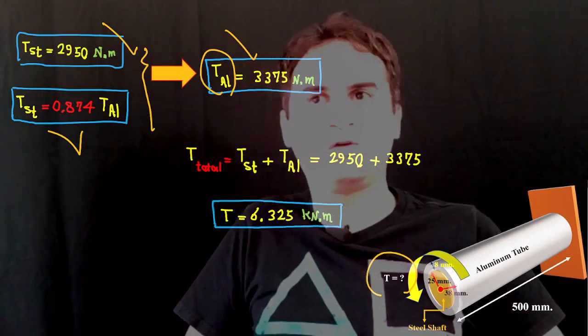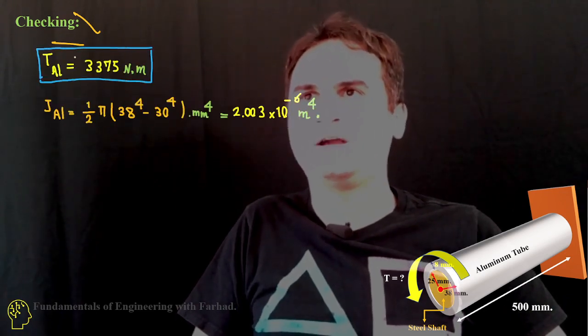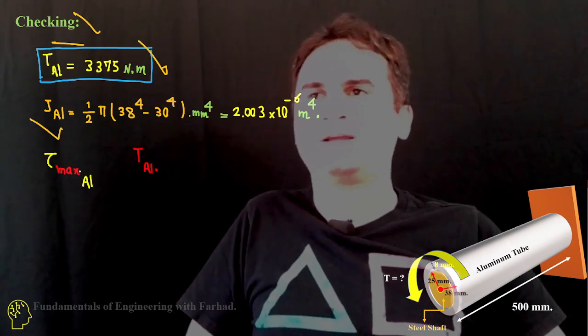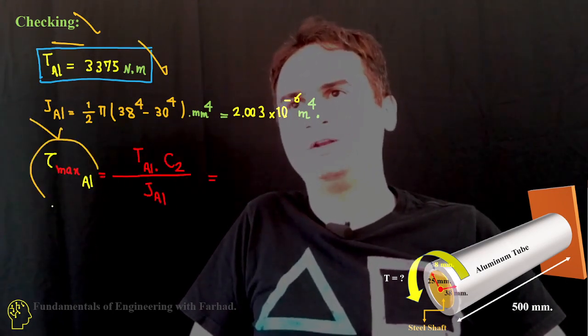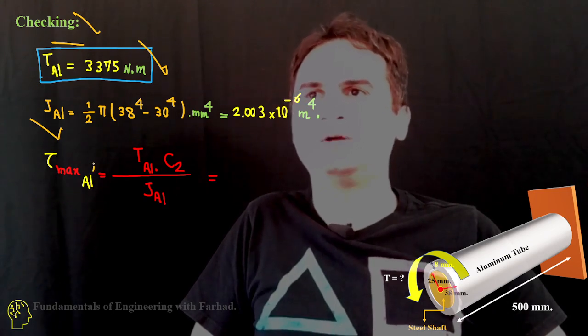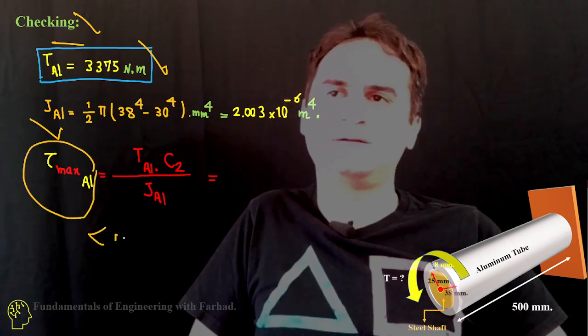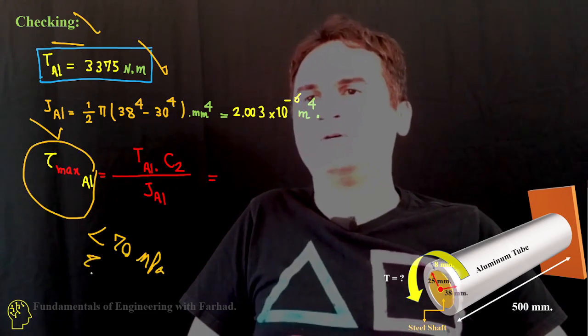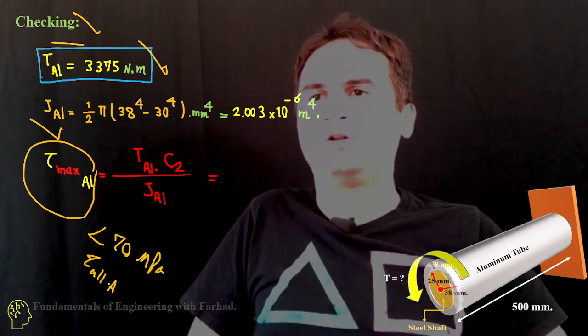But if you want to be more confident, you can calculate a new tau maximum for aluminum, to see if it's bigger or smaller than tau allowable for aluminum.